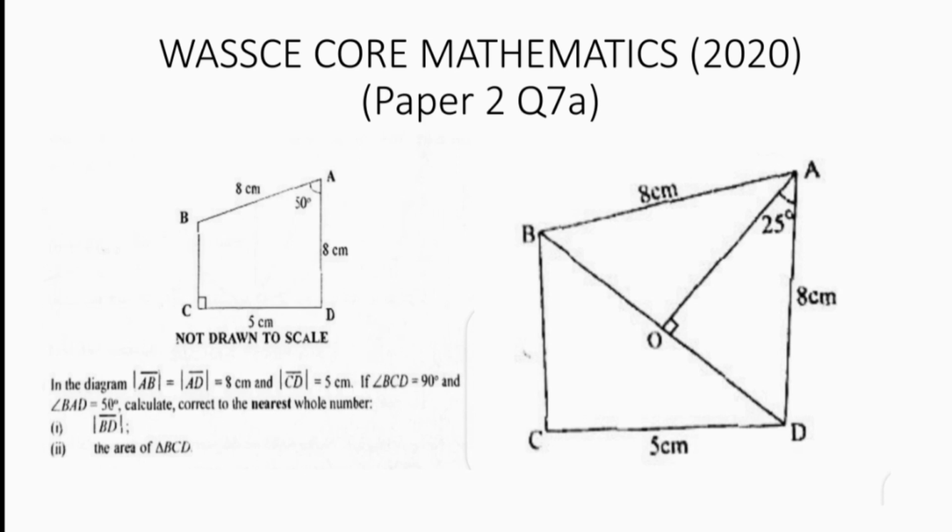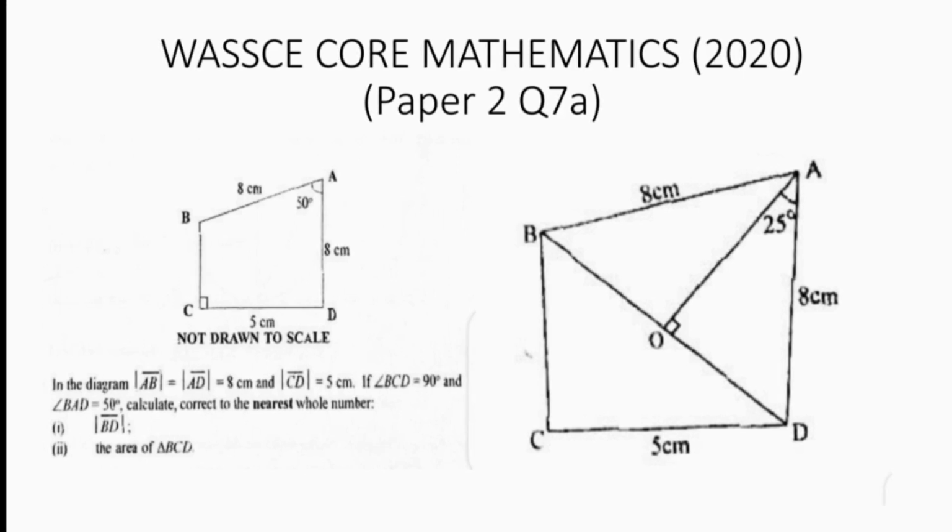And since the triangle is isosceles, two of its angles will be equal, so we will divide by 2 and we will get 65 degrees. So we will have sine 65 degrees over 8 equals sine 50 degrees over line BD to find the length of line BD.